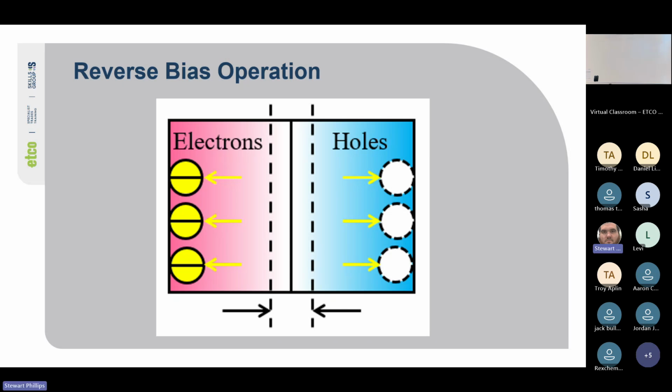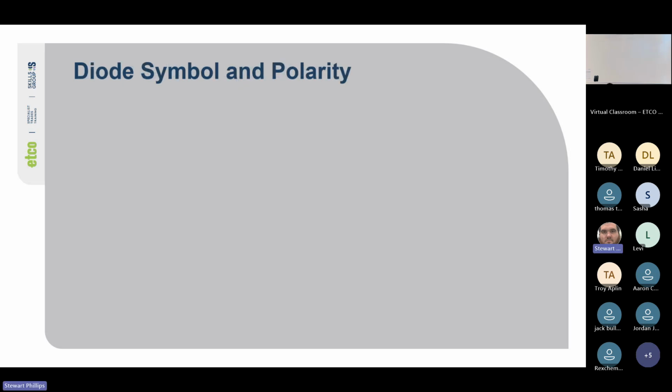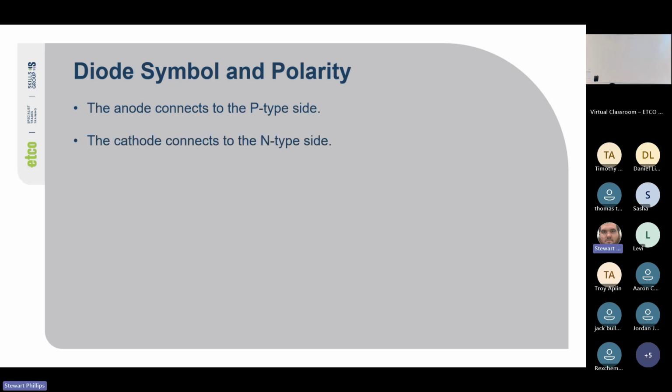Cool. So the diode symbol and polarity. For a diode, the anode connects to the P-type side of the material, and our cathode connects to the N-type. Remember, our anode is always the positive side, our cathode is always the negative side. The arrow in the circuit symbol shows conventional current flow from positive to negative.